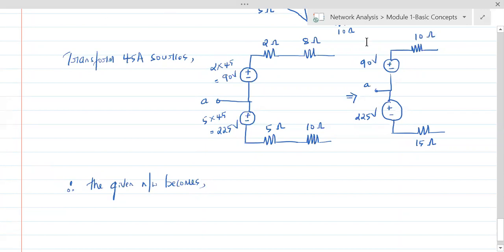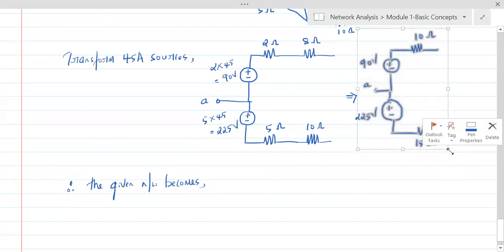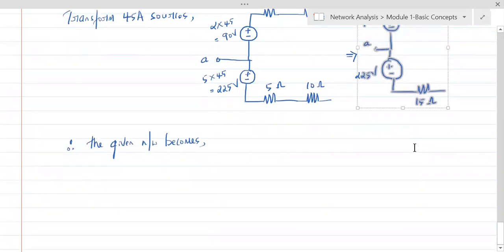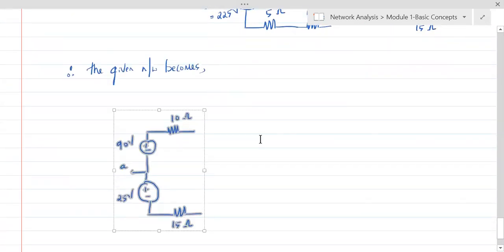Everybody see here, I'll just copy this part. This is the reduced part I've taken, and it needs to be brought together with the remaining part.